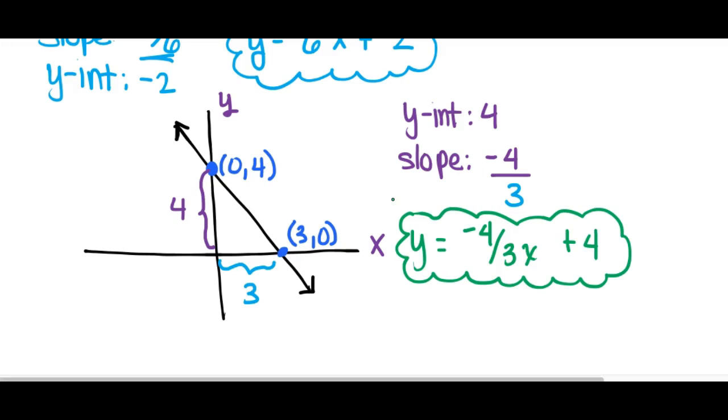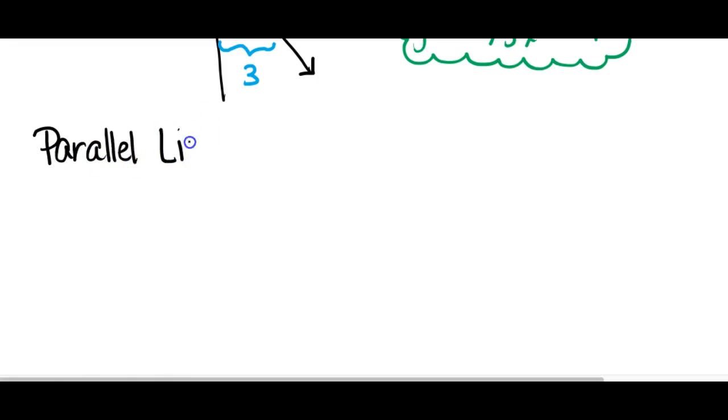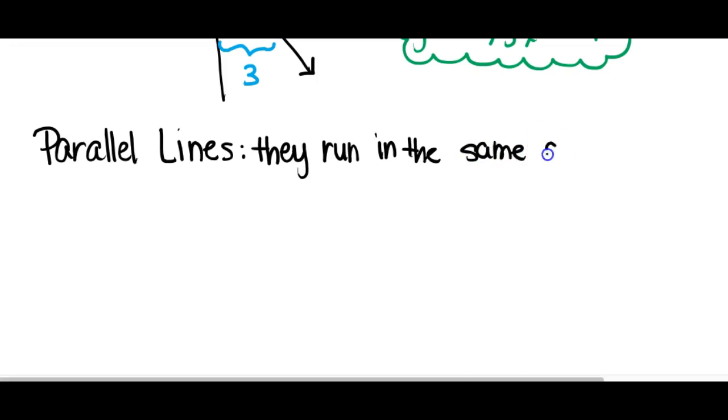I'm going to throw in one other thing just to kind of help you along. It's called parallel lines. Now, remember parallel lines? Okay, they never touch. They run in the same direction and never touch.